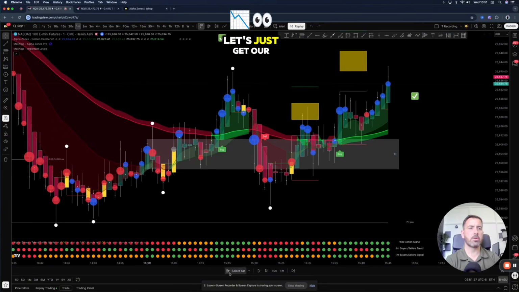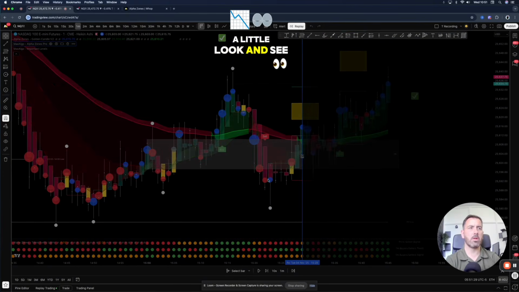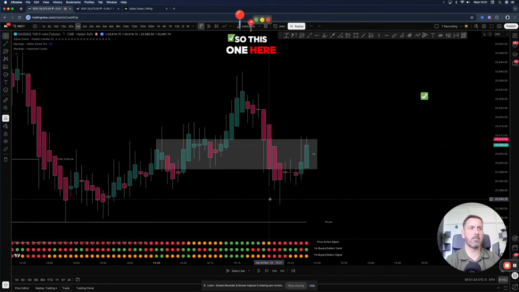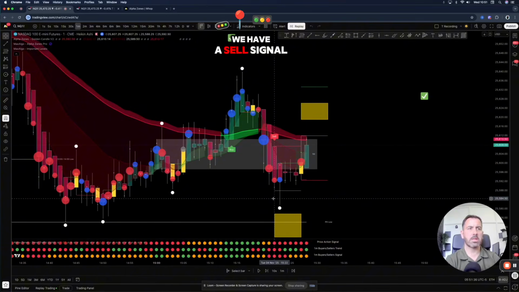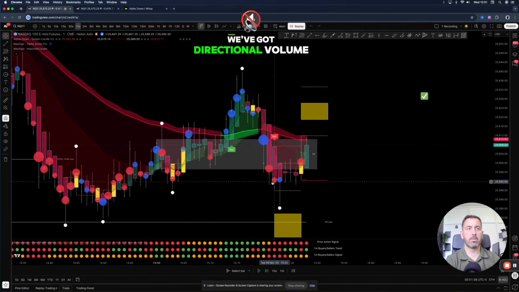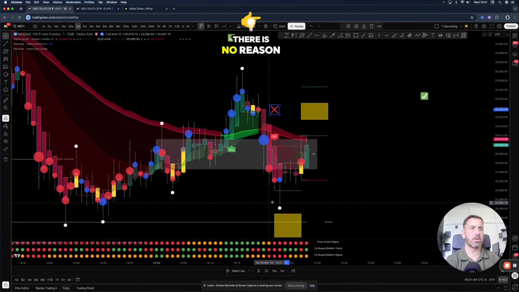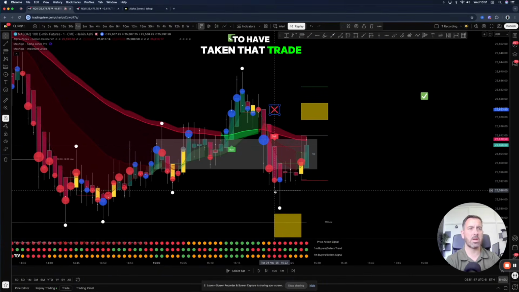Let's just get our chart here to have a little look and see. I might not have marked this one up, so let's have a little check. So this one here, we have a sell signal. We've got directional volume. The trend wave's gone red. So realistically, you would have likely been in that trade. There is no reason at that point not to have taken that trade. What I will say is, this is similar to yesterday's video.